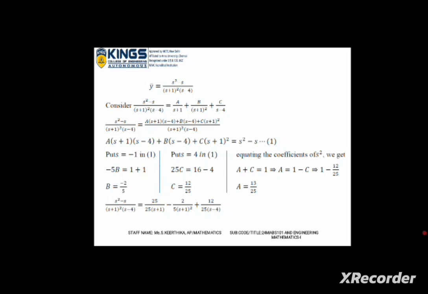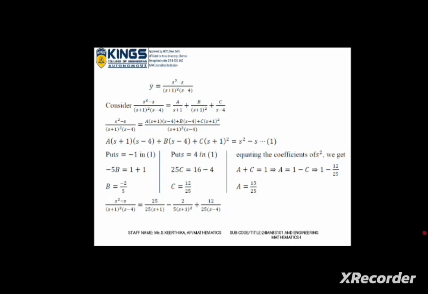Now take the LCM on the right side. Then we get A into s plus 1 into s minus 4 plus B into s minus 4 plus C into s plus 1 the whole squared, divided by s plus 1 the whole squared into s minus 4.